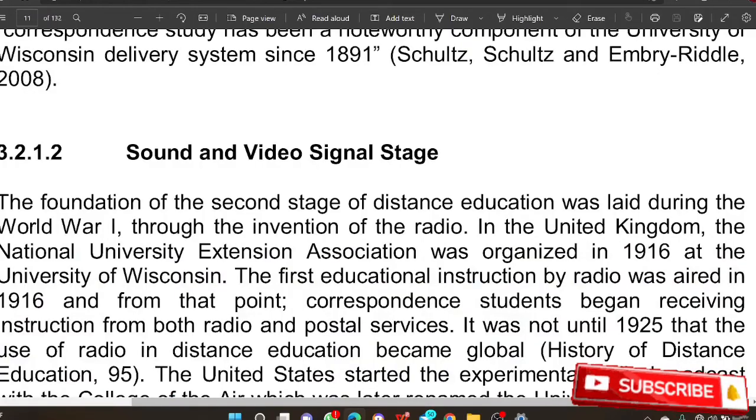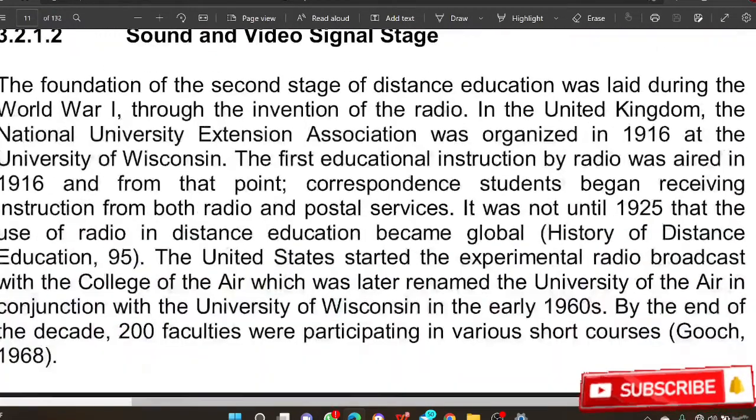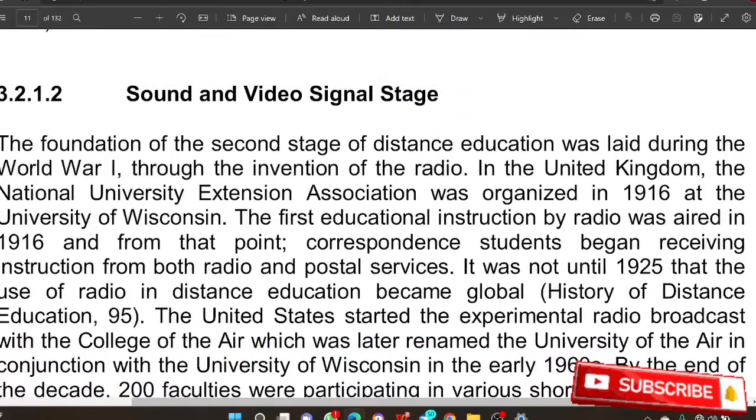Sound and video signal stage. We've spoken about the correspondence stage. Now we are on the second stage, which is the sound and video signal stage. The foundation of the second stage of distance education was laid during World War One through the invention of the radio. Does that mean radio was invented during World War One?